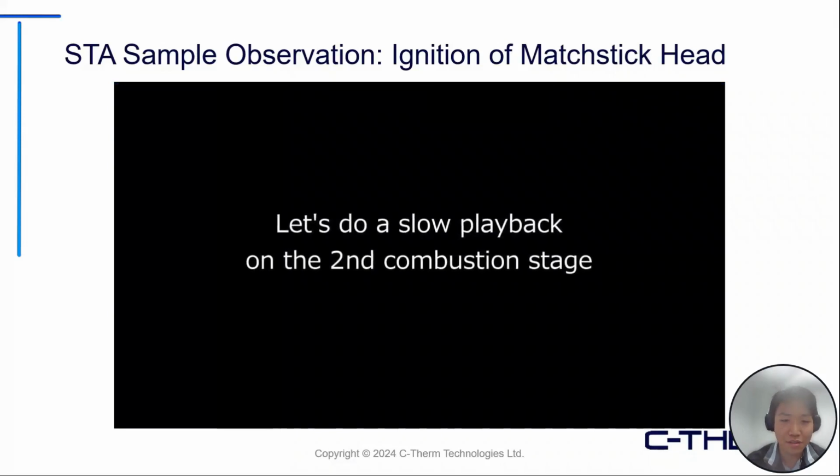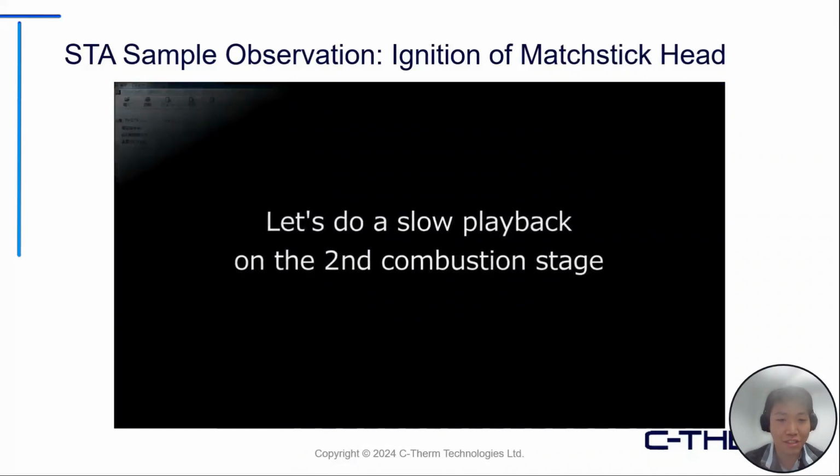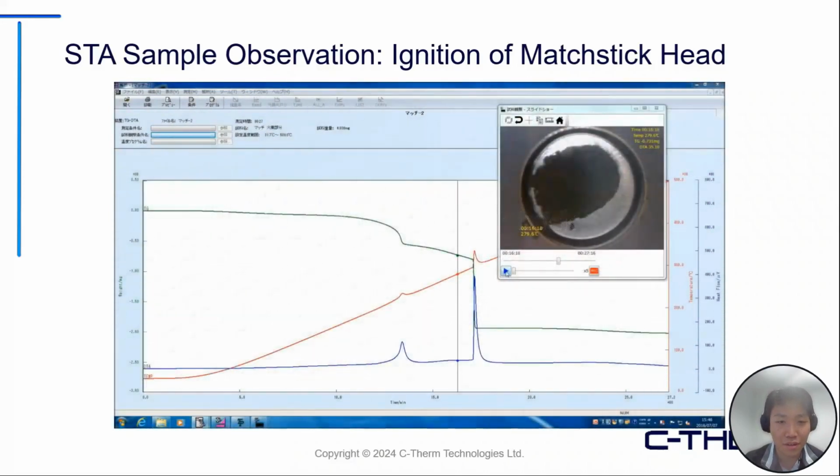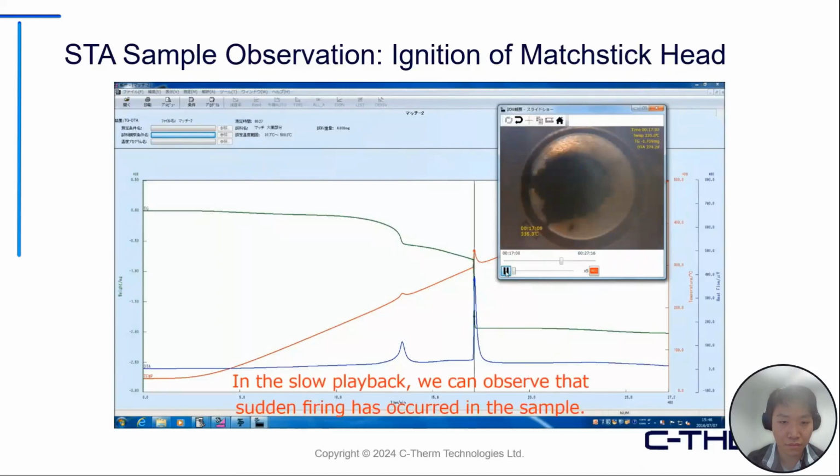And by doing a slower playback on this region, we can see what actually happened here. It was actually an ignition of the matchstick that occurred at that temperature.